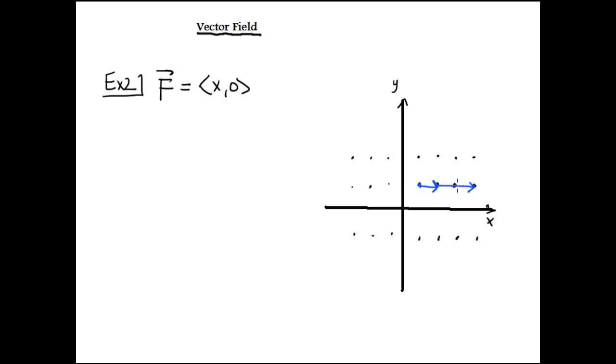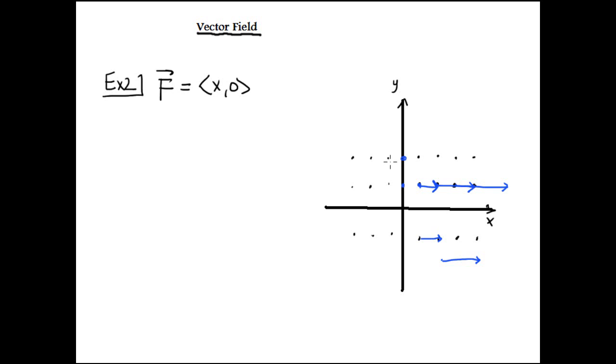And at this point x is 3, so it's 3. Something like that. So this is 1 and this is 2. And the negative direction is the same. This is 0 and there is no vector here.